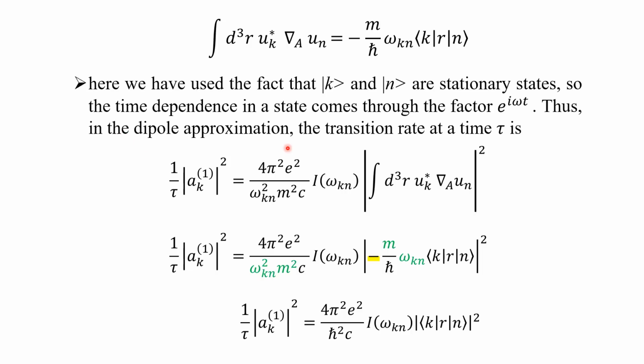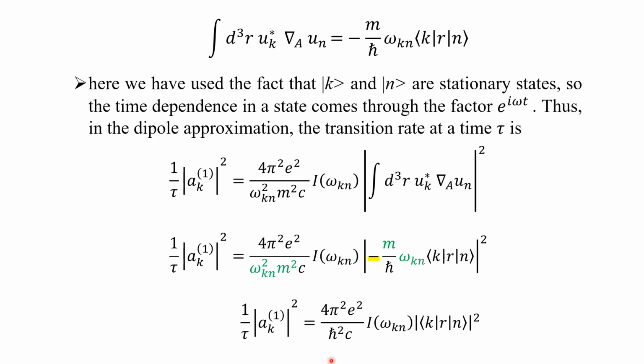Thus, in the dipole approximation, the transition rate at time tau is 1 over tau times the modulus of a_k1 whole squared. We have seen this in the previous case, semi-classical treatment of radiation part 2, on emission and absorption.